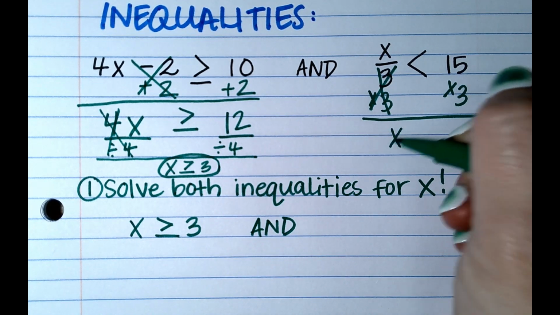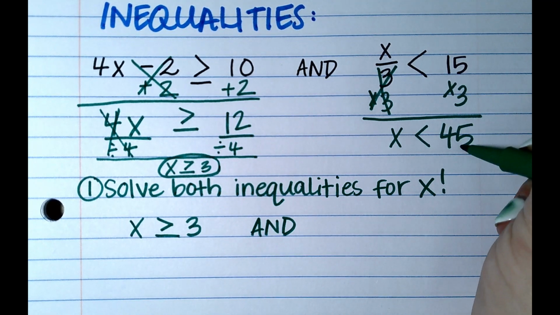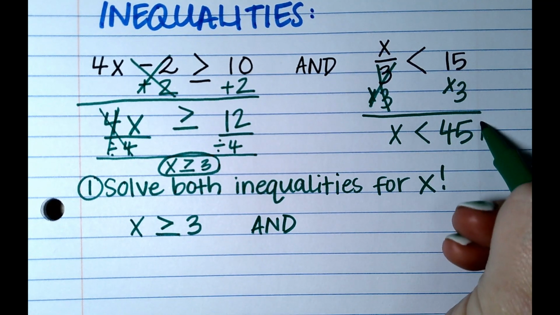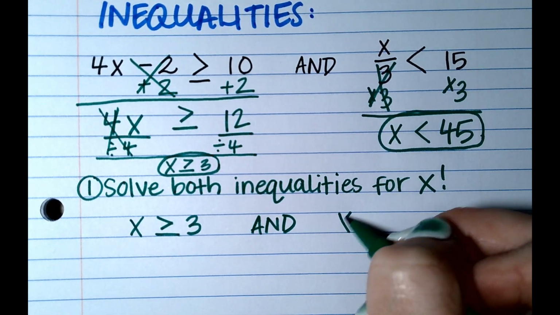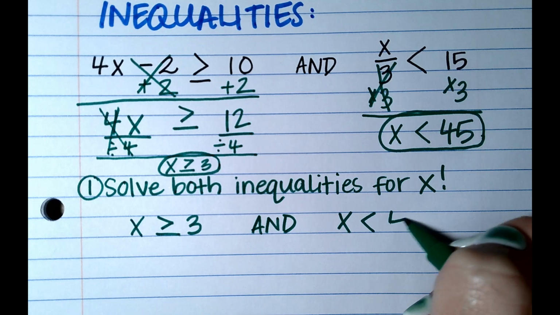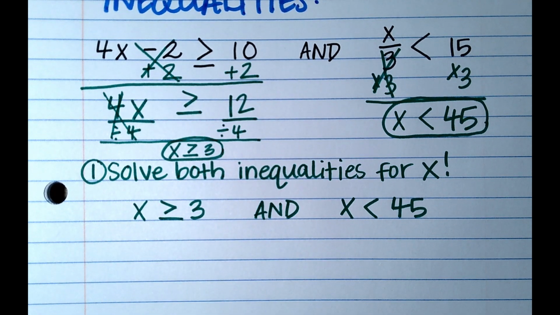Perfect. And 15 times 3 is 45. So we get x is less than 45. So we've solved both of the inequalities.